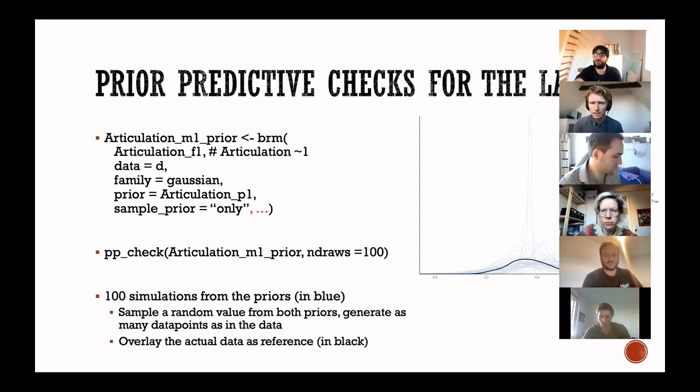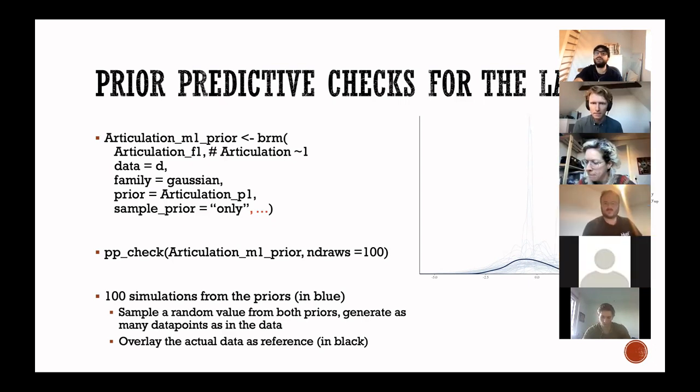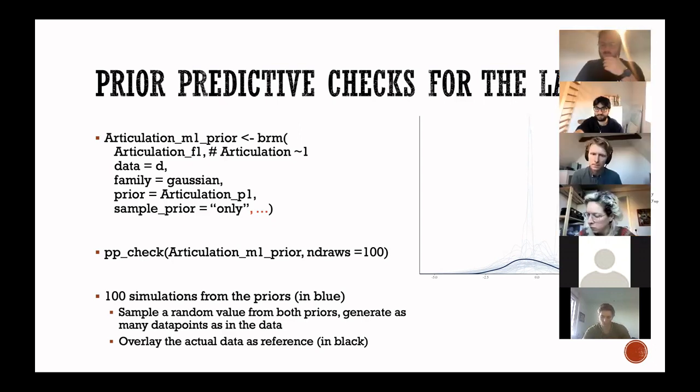We sample 100 different values from those distributions so that we can see the full uncertainty of our predictions. And again, overlaying the black line is not necessary. Sometimes it might feel like cheating, but it helps establish the scale of the outcomes.